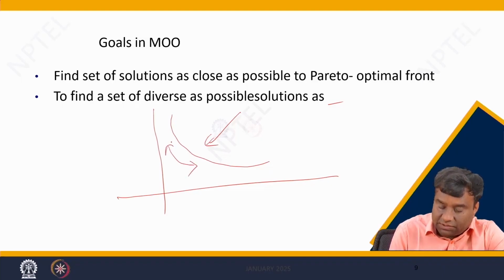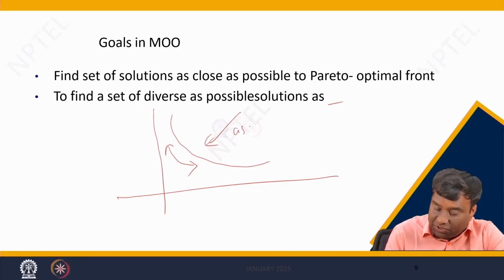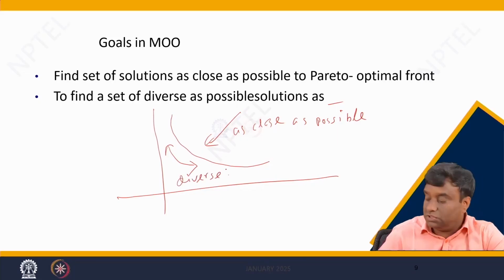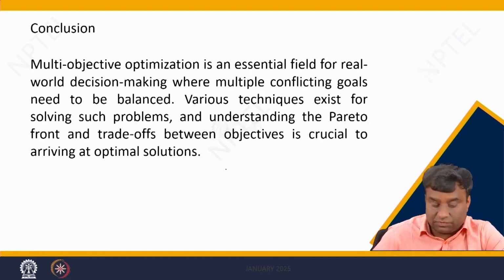This signifies as close as possible, and this signifies a diverse set. So that is our goals in multi-objective optimization.